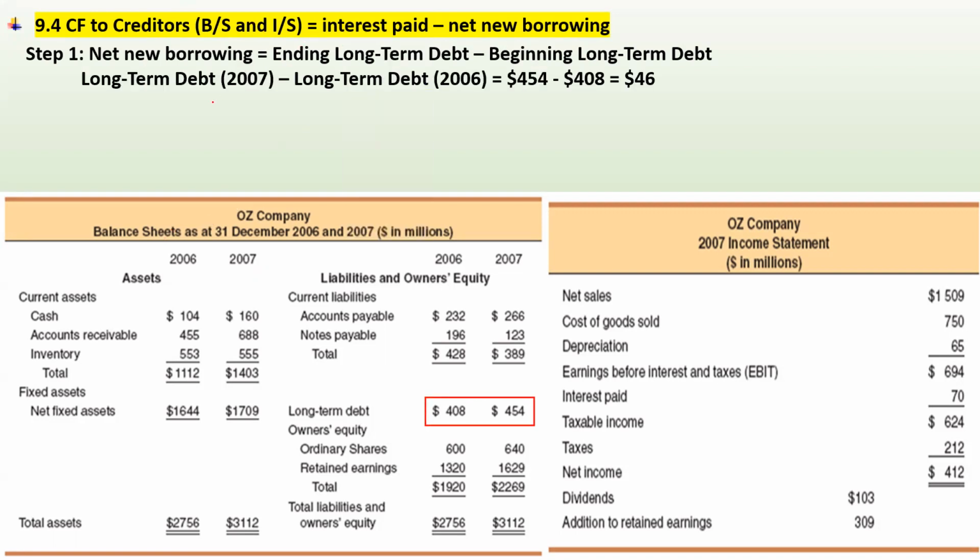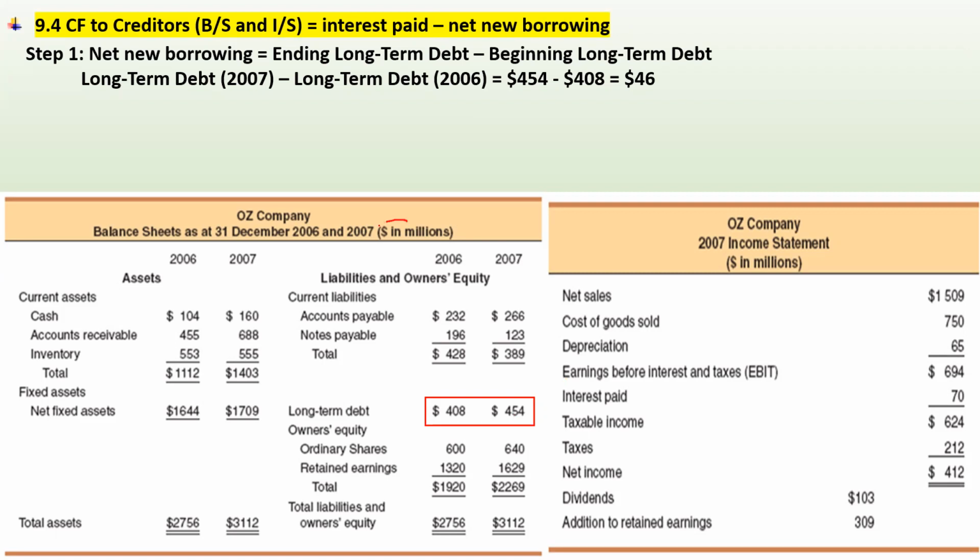So how could we calculate the net new borrowing for this OZ firm? It's long-term debt for 2007 minus long-term debt for 2006. The data is here, and you will find that the net new borrowing is 46 million.